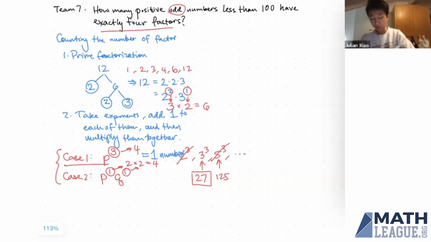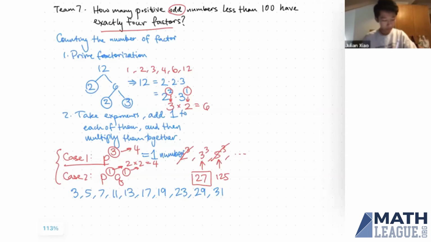So there are going to be more possibilities here. And in order to do that, let's take a look at all of the prime numbers. And there are going to be a few of them, but they don't have to be too big. I'm going to just list a few of them and then I'll stop. Let me make sure I didn't miss any of them.